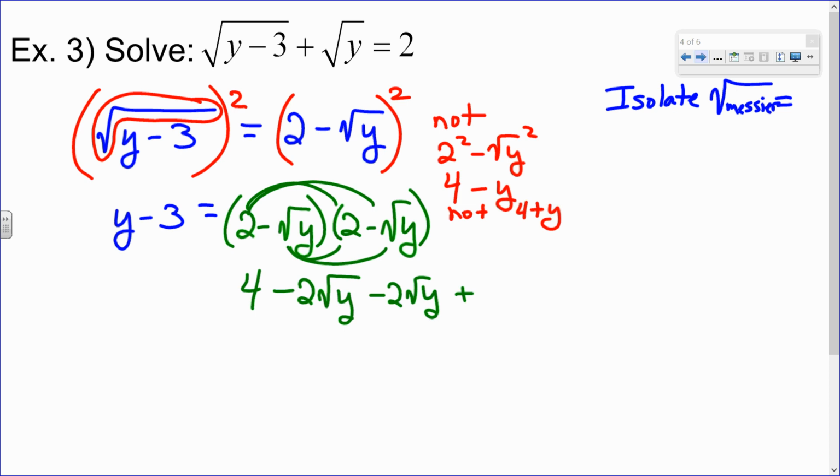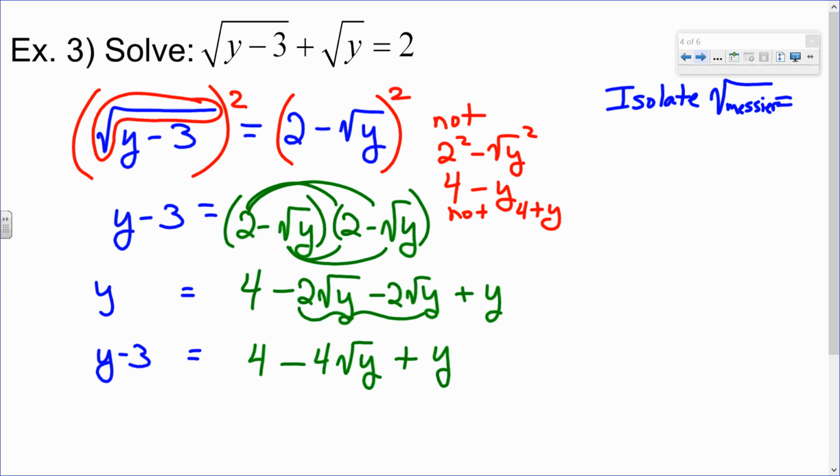Root y times root y gives us a regular y. The outsides and insides are like terms, so we have 4 minus 4 root y plus y, and that is what is equal to y minus 3. So we isolated a square root, and then we squared both sides carefully.